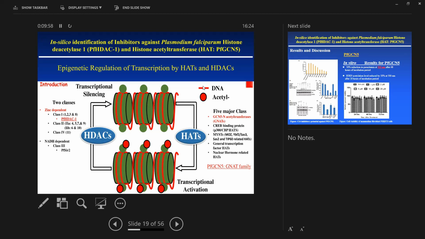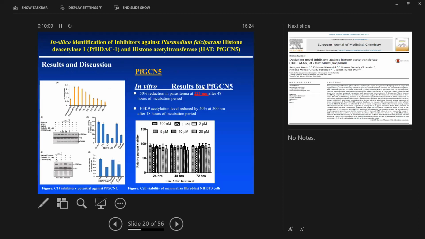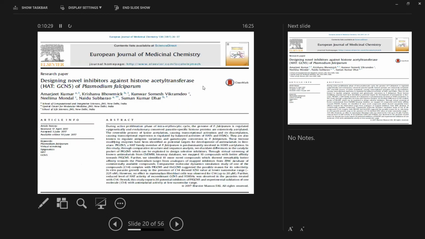So for GCN5, we designed the inhibitors, as well as for HDAC1, screening the active compounds of Plasmodium falciparum and identified a few molecules which bind to this target. The assay showed 50% reduction in parasitemia at 225 nanomolar after 48 hours of incubation, and H3K9 acetylation level reduced by 50% at 500 nanomolar. The experiment was done by Professor Subbarao, Center for Molecular Medicine, JNU.